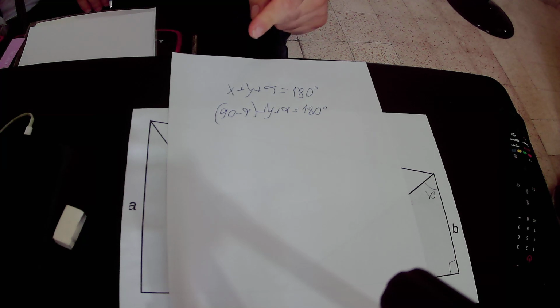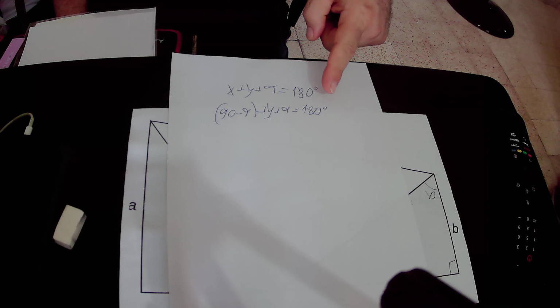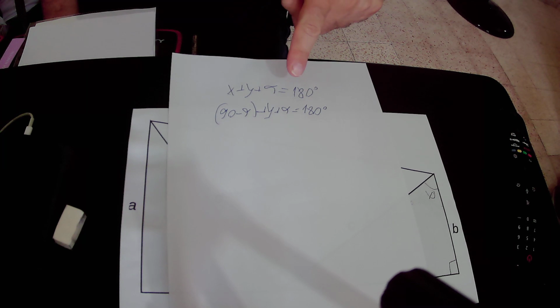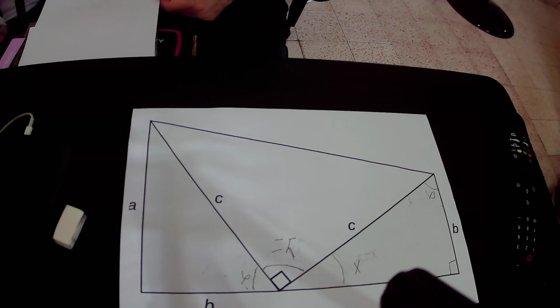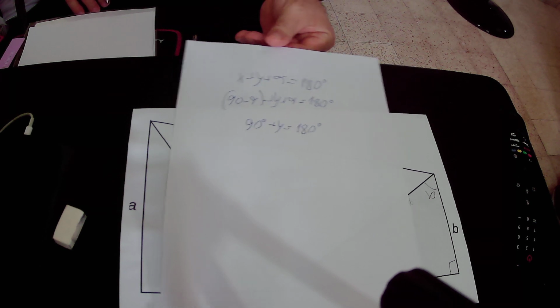Here we substituted x by 90 minus alpha: 90 minus alpha plus y plus alpha equals 180 degrees. Here we have minus alpha and plus alpha, which equals 0, so we can eliminate alpha from the equation and simply write that 90 plus y equals 180 degrees.